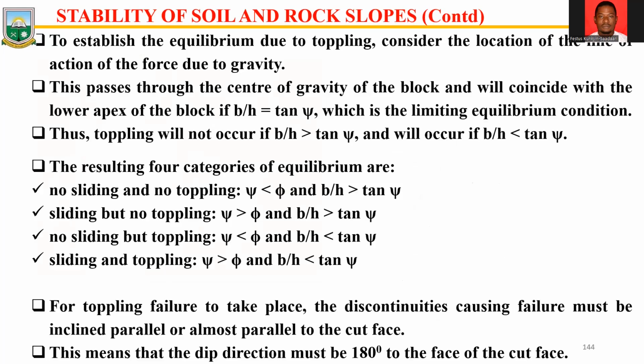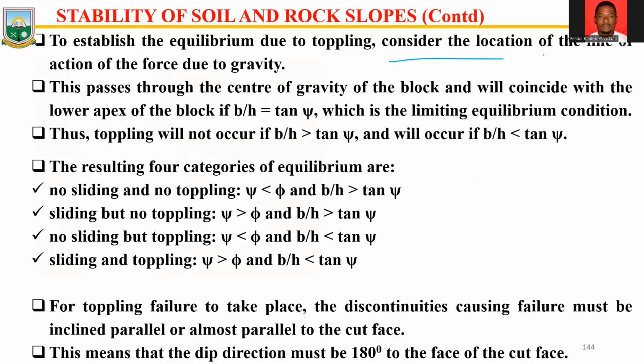So to establish equilibrium, to ensure that the toppling failure which is bound to occur does not, where you, the engineer, will put in some measures to ensure equilibrium, then it is saying you should have this pass through.